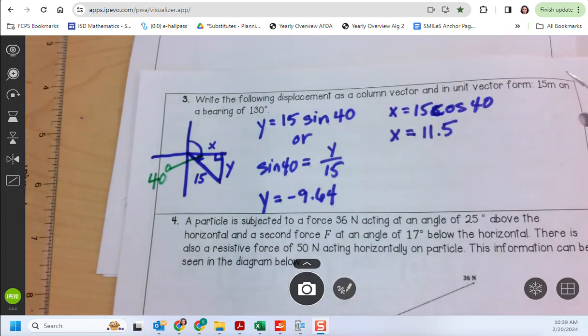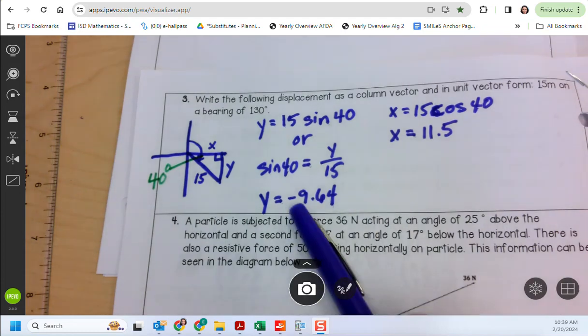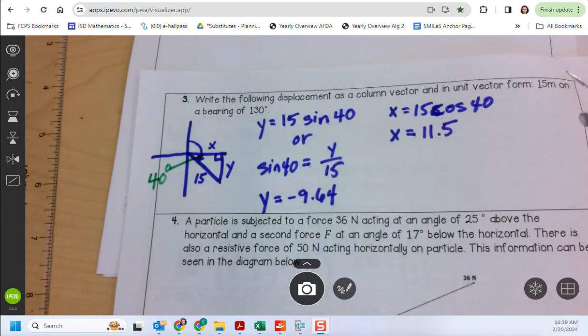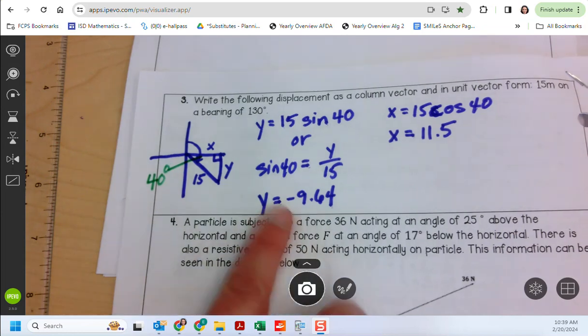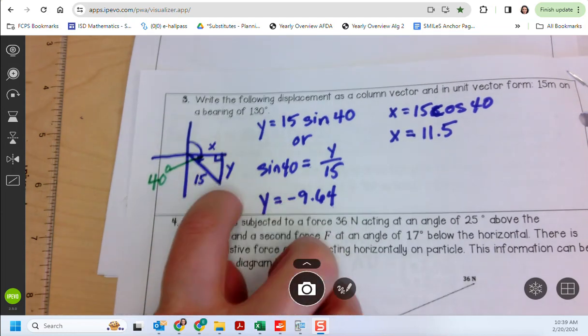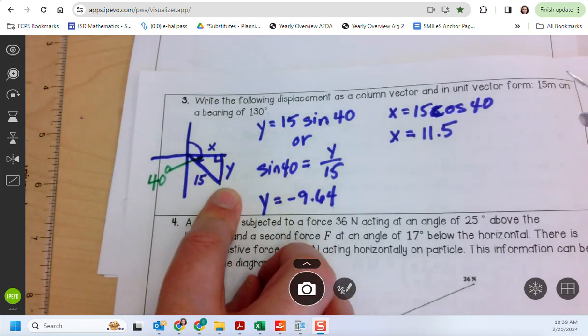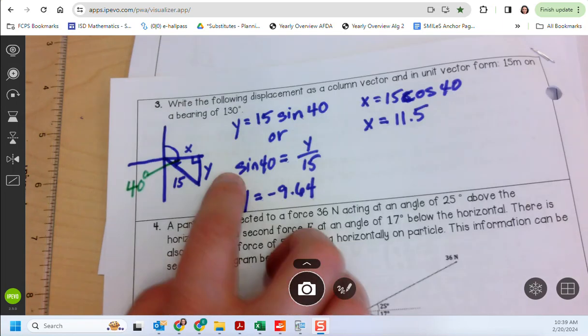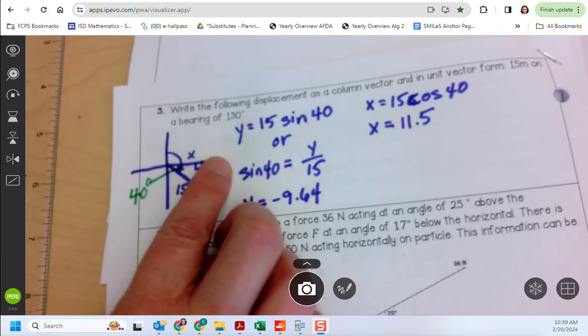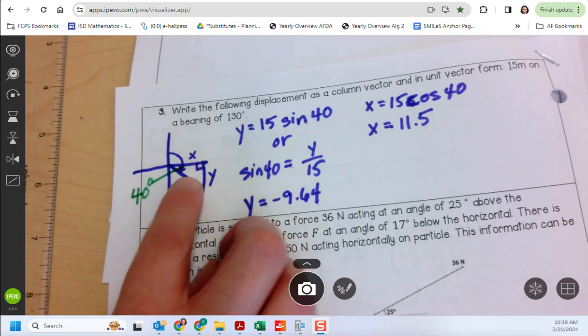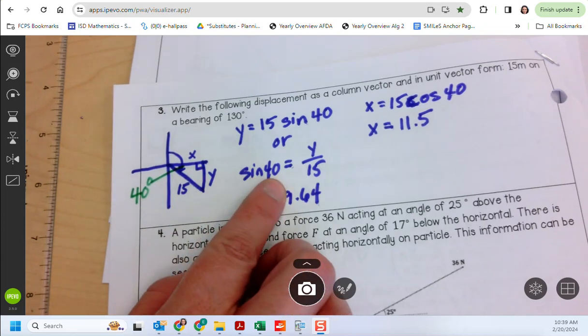So you guys didn't get a negative yet, right? There's actually two ways that you could get the negative. One is you could just realize that your answer has to be negative because it's going down. Or two, because in the unit circle, this would be a negative 40 degrees going down this way, you could just do the sine of negative 40 degrees.